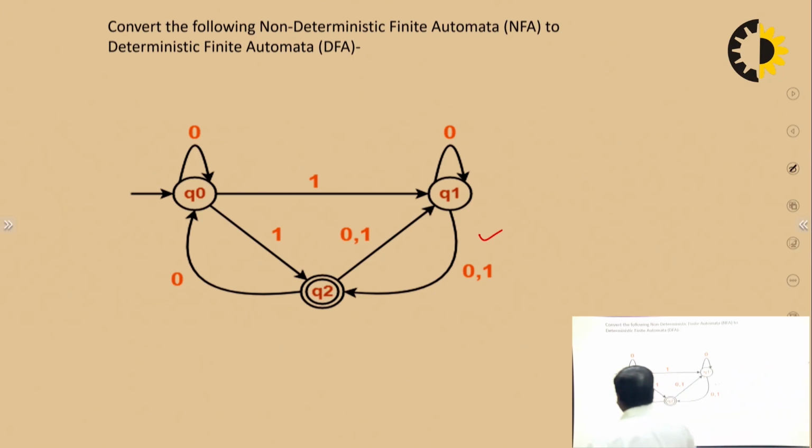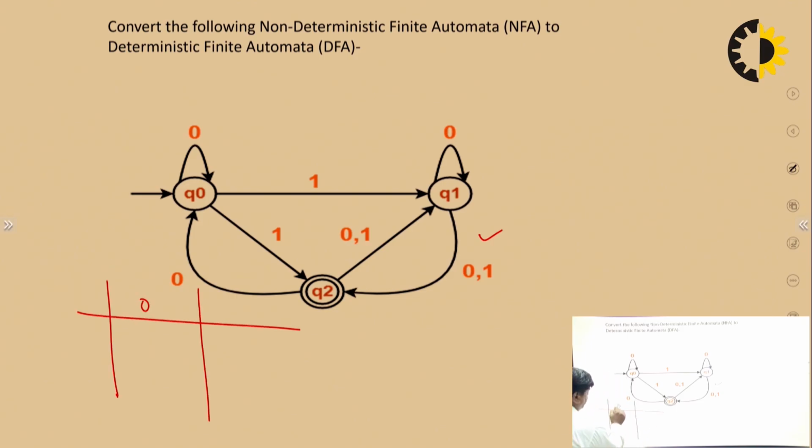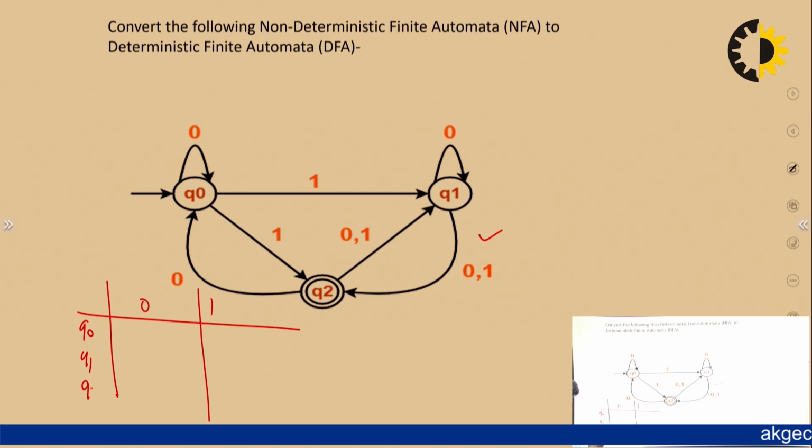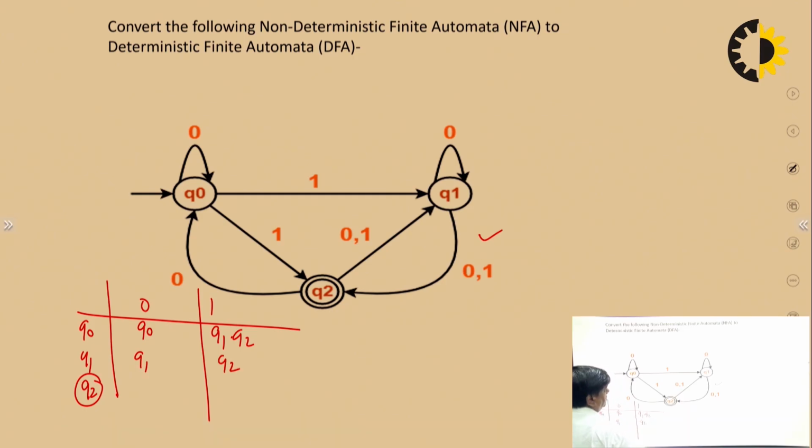Now it is very simple. How many states are here? The transitions are 0 and 1, and the states are Q0, Q1 and Q2. Q2 is your final state. Now on Q0, on 0 that is Q0, and on 1 that is Q1 and Q2. Okay. Now on Q1, on 0 that is Q1 and Q2, and for 1 that is Q2.